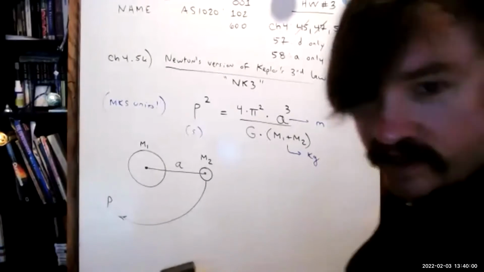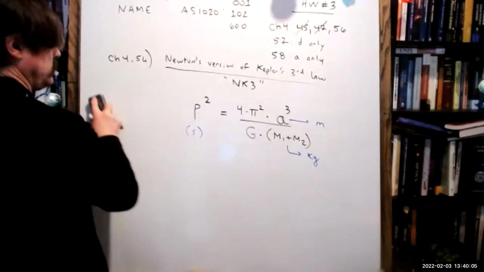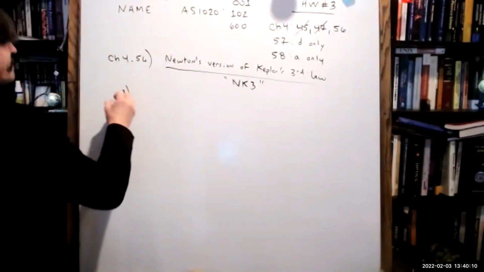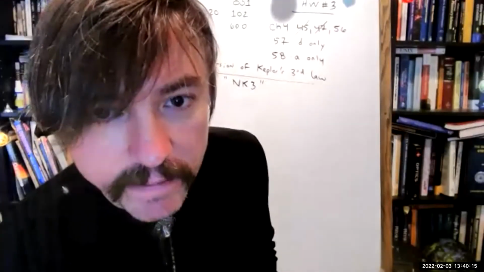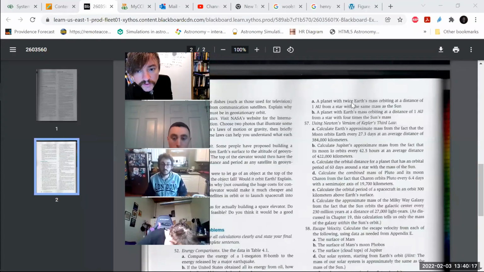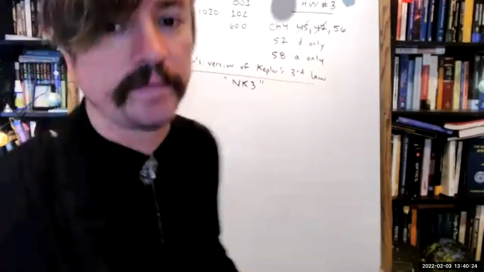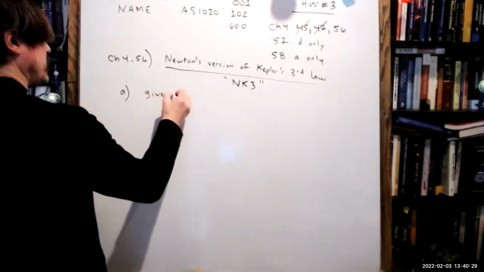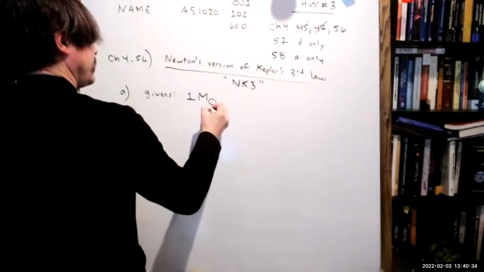Okay, I'm going to erase because I need my board back. Part A. I've already forgotten. It was a planet with twice the mass of Earth orbiting at a distance of 1 AU from a star with the same mass as the sun. So here, our givens are 1 times the mass of the sun.